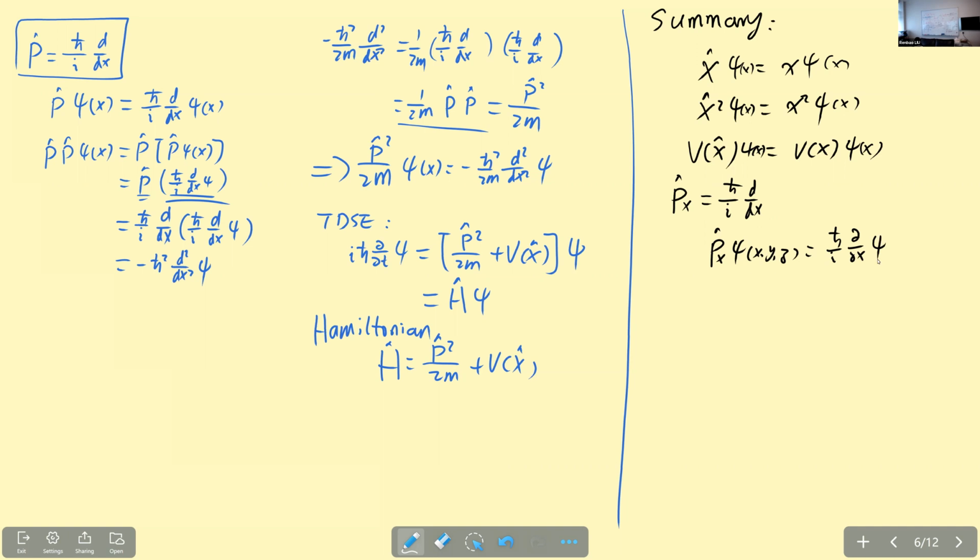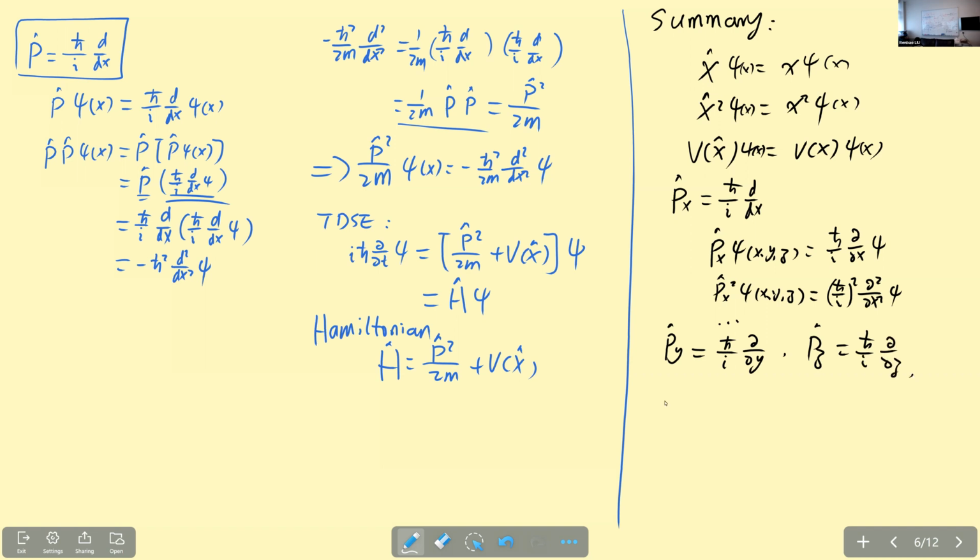Okay, and px squared psi of x, y, z equals h bar over i squared partial x squared psi, right? Of course, if you want, you can go to higher orders, but usually for us, second order will be sufficient, okay? And similarly, py can be written as h bar over i partial y, and pz can be written as h bar over i partial z, okay?